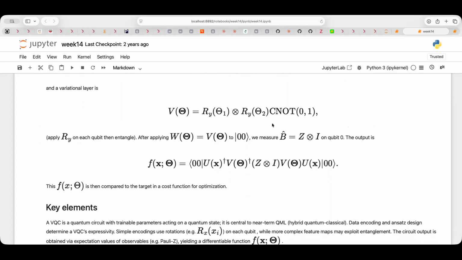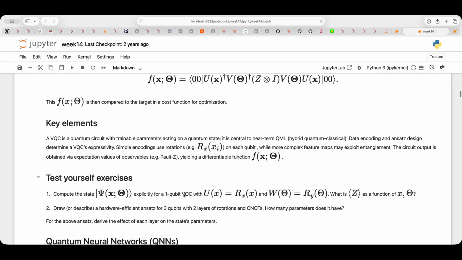So this could be the simplest possible circuit which you would deal with. And then we apply this RY on each qubit, and after applying that one, we measure Z.I on qubit 0. And then the output would be something like this. And then this f of x is compared to the target in a cost function for optimization.